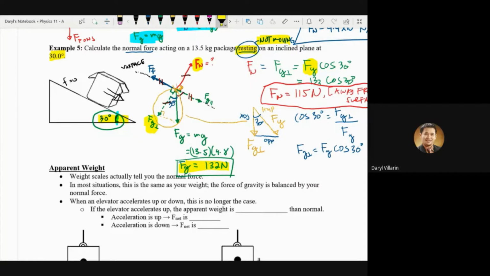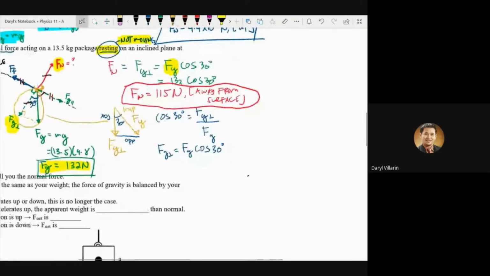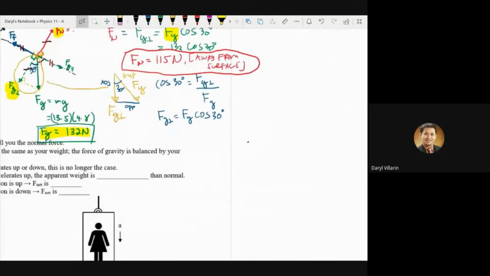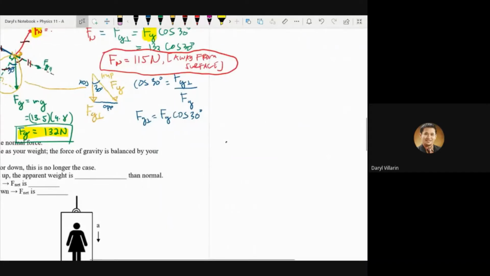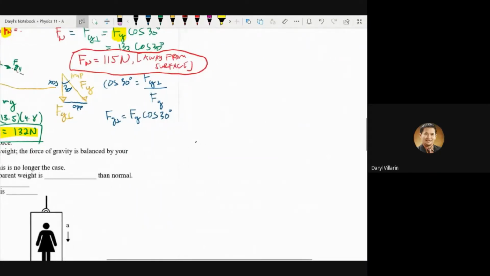So if we're going to revisit, how would you know the location of this angle of 30 degrees? If we're going to revisit that one, maybe a good view is to redraw one here.